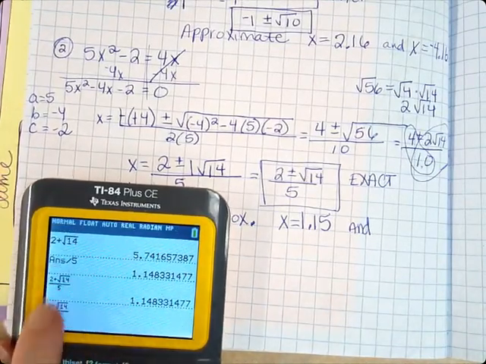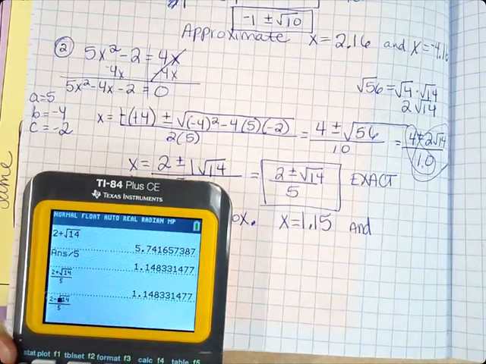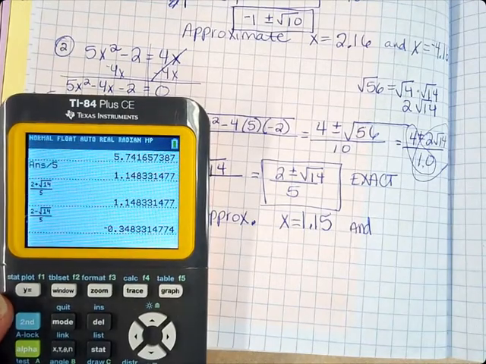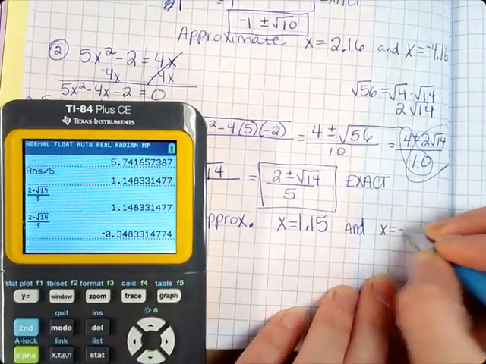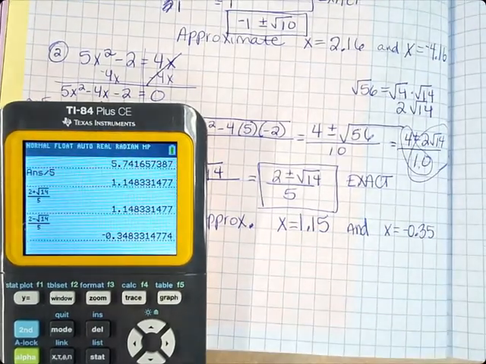And then I'm just going to select that, bring it down, and then do 2 minus square root of 14 over 5. Negative 0.35.